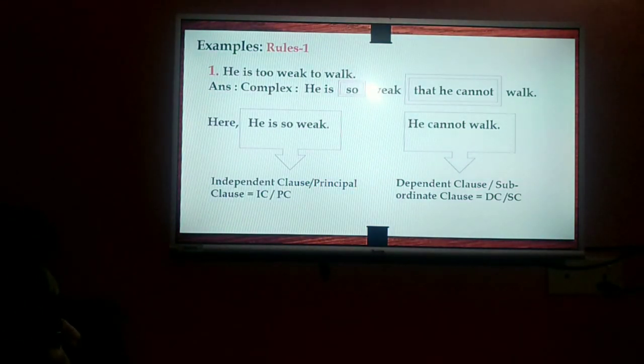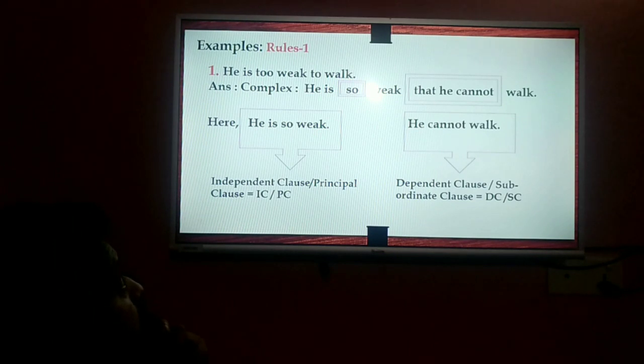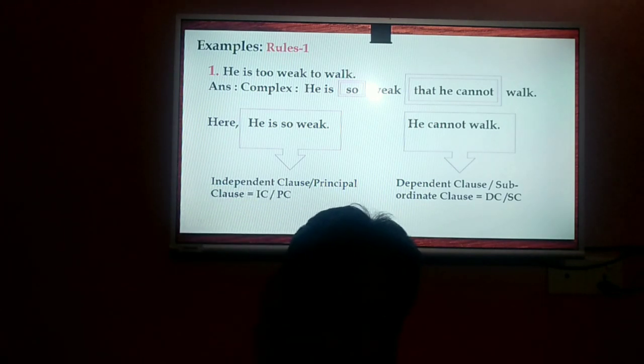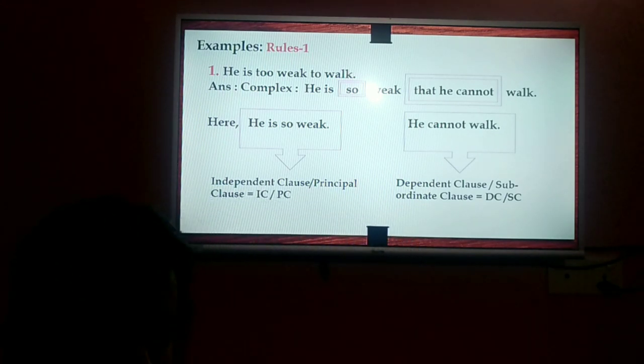Example, rule 1. He is too weak to walk. It's a simple sentence.